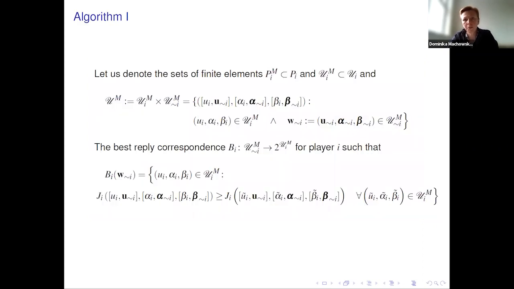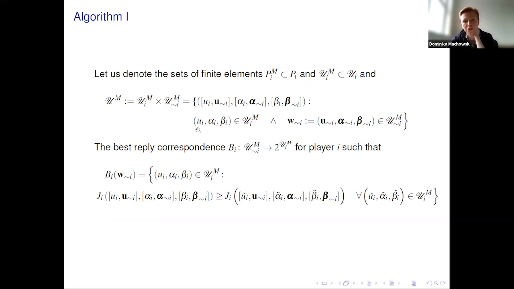And we need some definitions. First of all, we have PIM. This is a subset of PI, but it consists of only a finite number of elements, and of course we have a calligraphic U IM. This is also a set of finitely many elements of the profile of strategies.